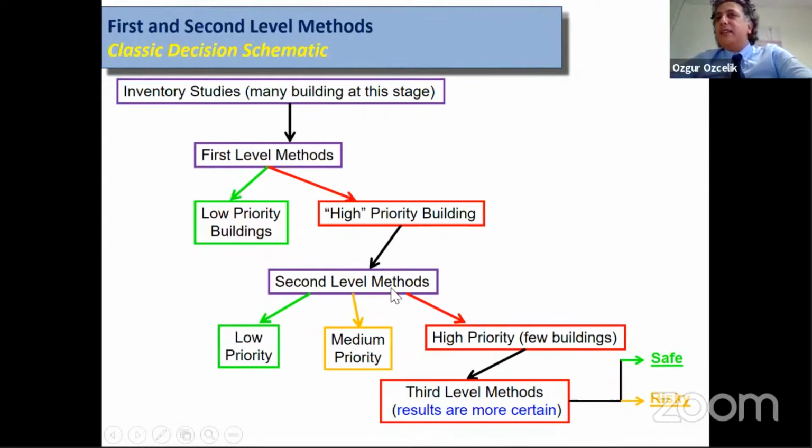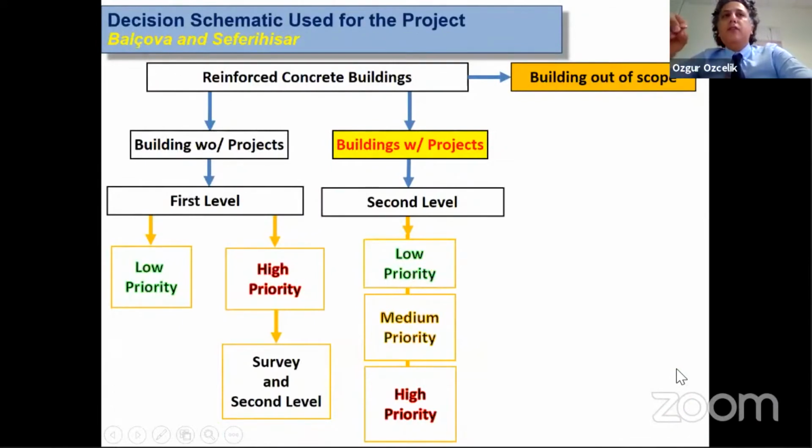Then you apply second level methods, which usually classify the buildings into 3 groups: low priority, medium priority, or high priority. Then for the high priority buildings, which are few, you apply third level methods, and then you label them safe or risky.